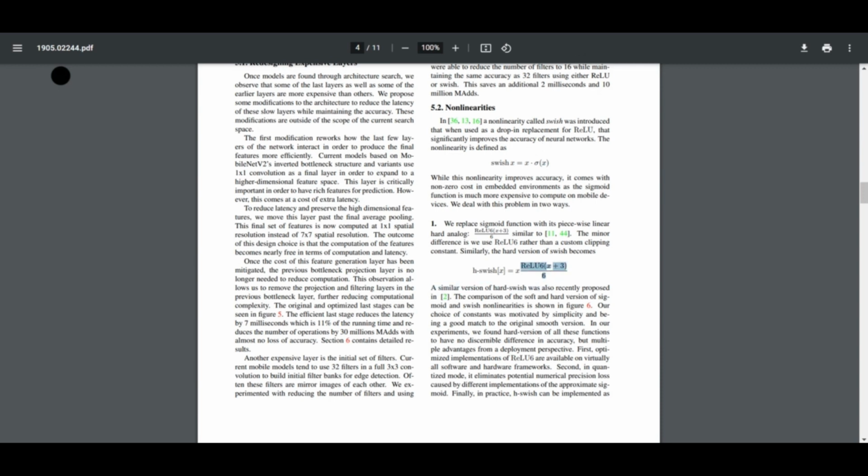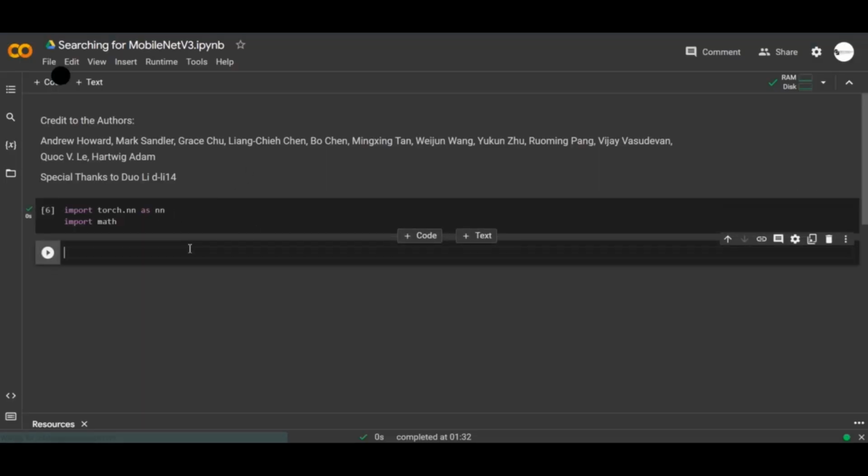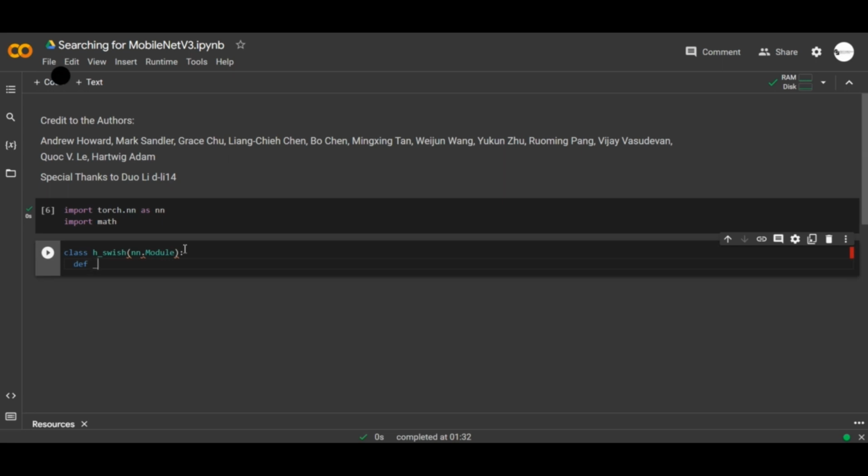Okay, so what we're going to do is create a space here. I'm going to say class HSwish, which takes from nn.Module as we imported there. So I'm going to say def __init__, then we're going to take in self and inplace equals True.